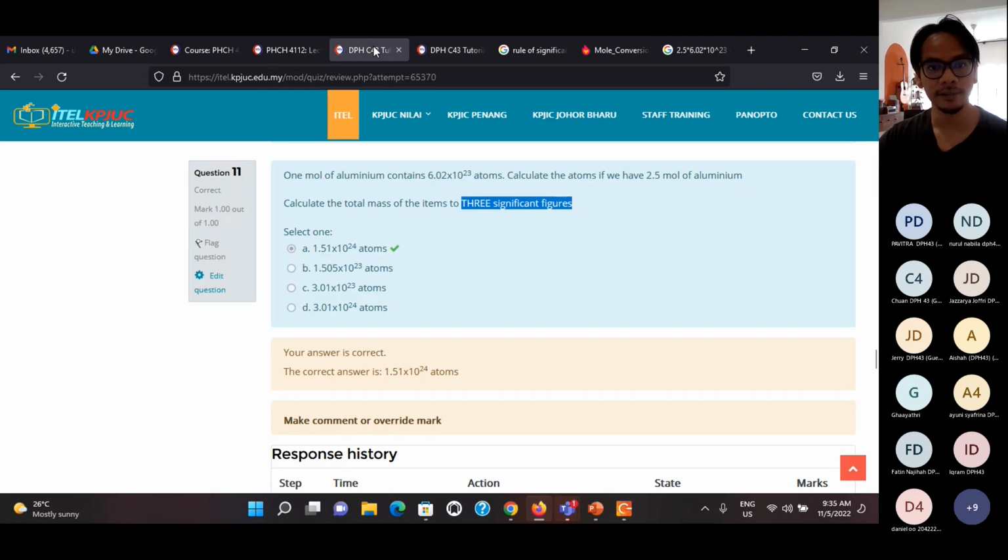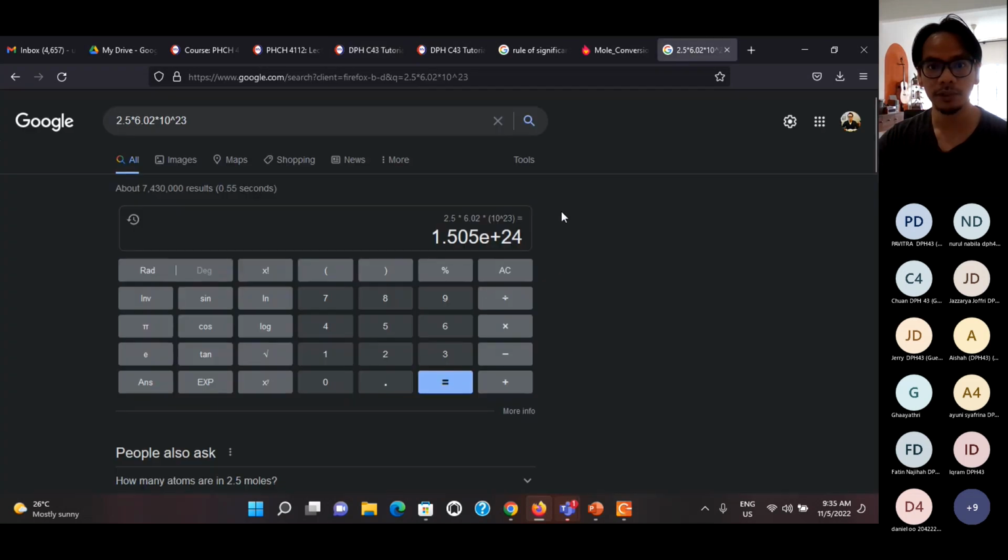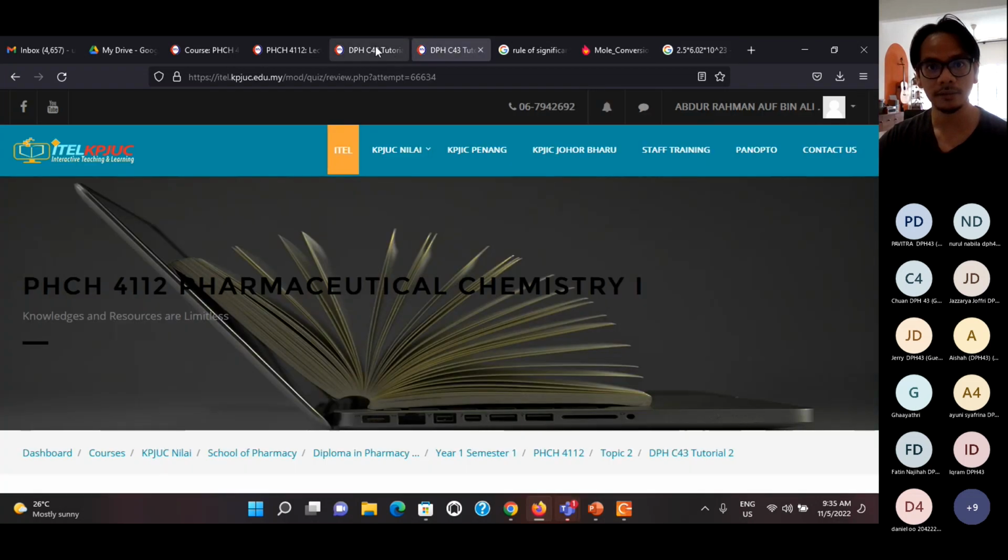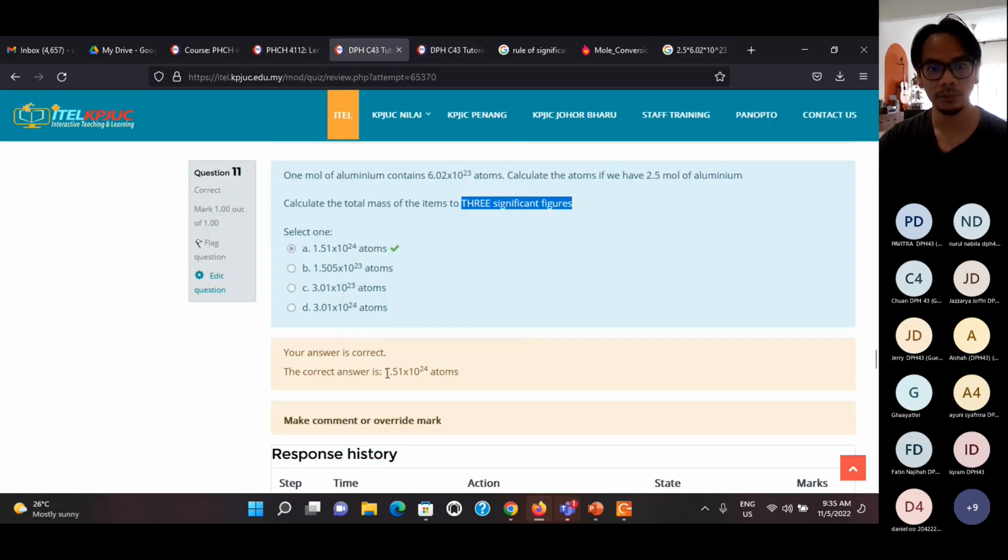And saya punya syarat, saya bagi kat sini, bundarkan kepada 3 significant figures. So kamu kena bundarkan dia 1.505. So 1 ni signifikan, 5 signifikan, 0 pun signifikan. So kita kena mula bundarkan dekat kosong ni. Dan dekat sebelah kosong ni ada 5, so jadilah kosong ni jadilah 1. So that's why the answer is 1.51 darab 10 kuasa 24 atoms.